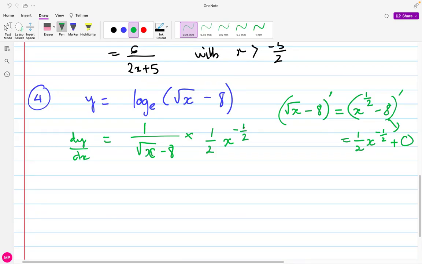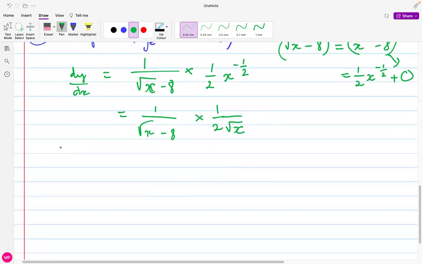Okay. Then if I make it nicer, I would have 1 over root x minus a times by a half, and then x to the power of negative half, you can make it go to the bottom and become x to the power of half, which you can turn into square root of x like that.